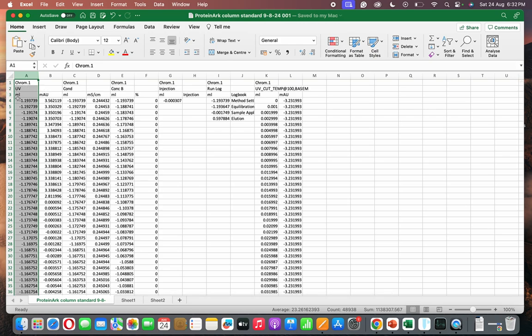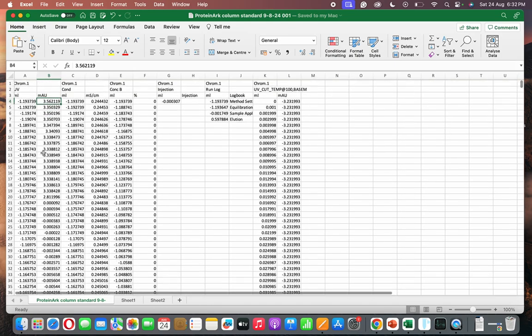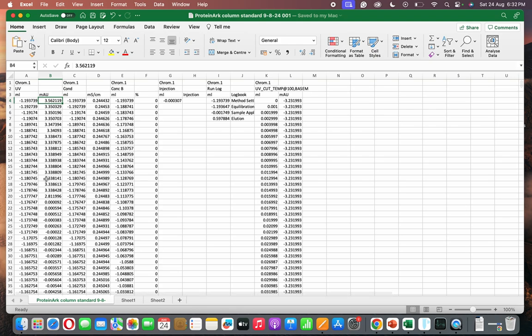This is telling me that in my UV detector, after this many ml of elution, this is the value of my UV absorbance. So this is basically the trace which is telling me how my protein is eluting with time.